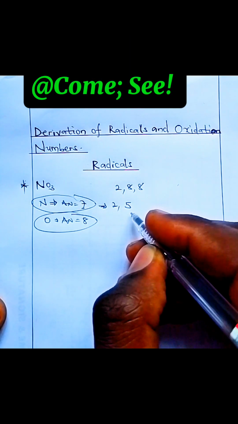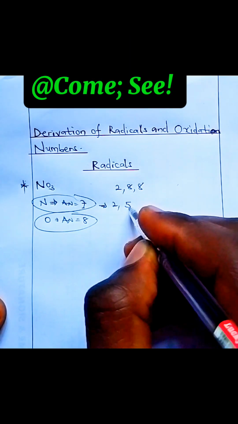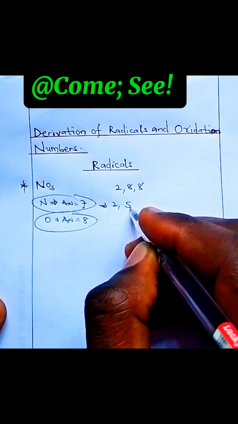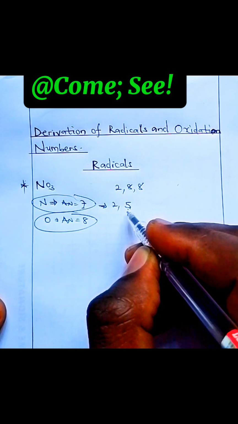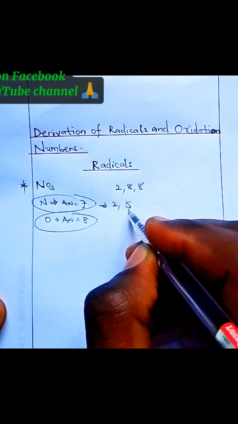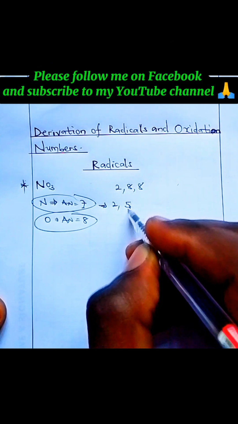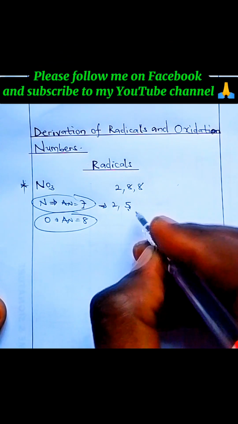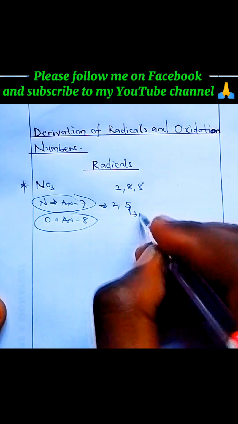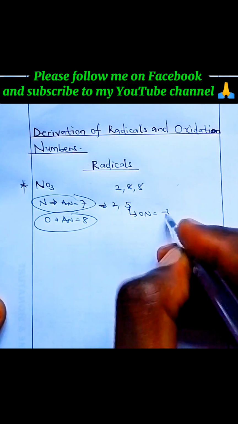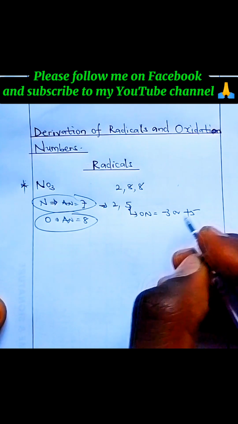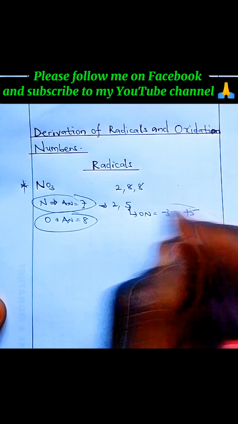This is not up to 8, so we need 3 to balance this. So nitrogen has to bring in 3 electrons or give away 5 electrons in the second shell to make it balance. So the oxidation number for nitrogen is going to be bringing in 3, which is minus 3, or giving out 5, which is plus 5. That's that for nitrogen.